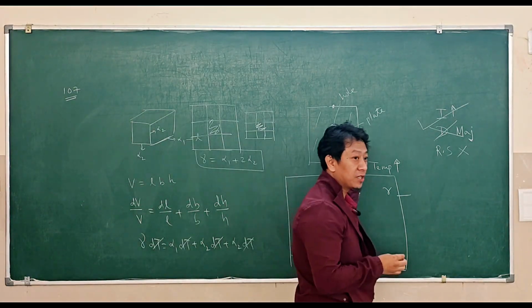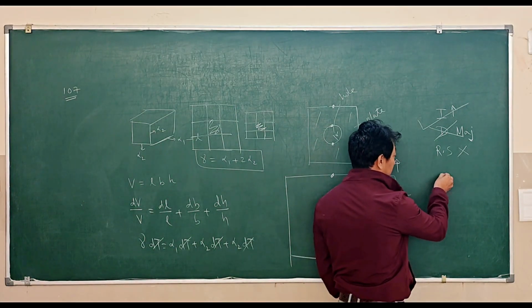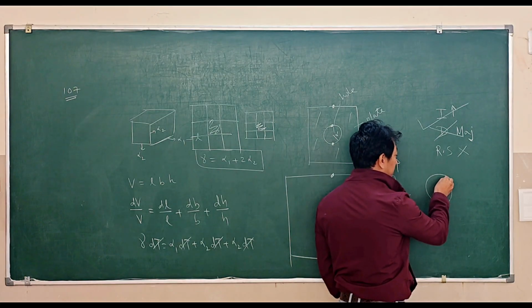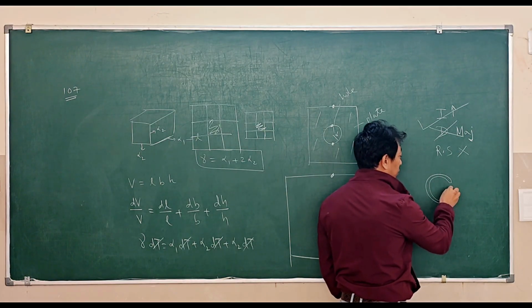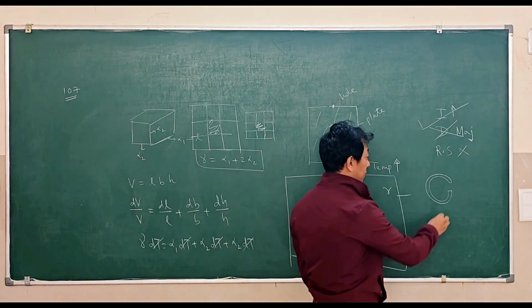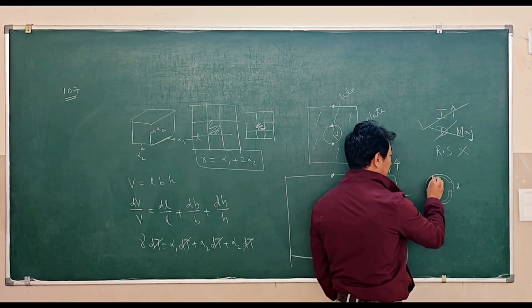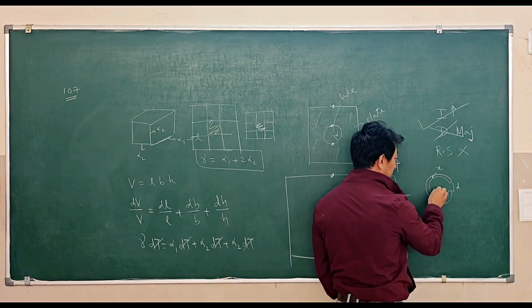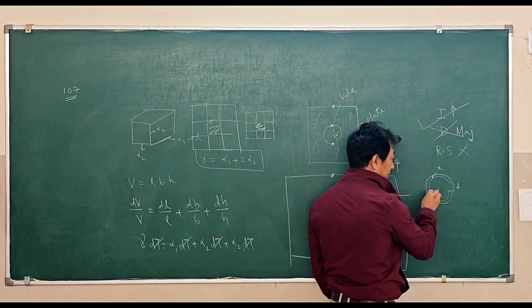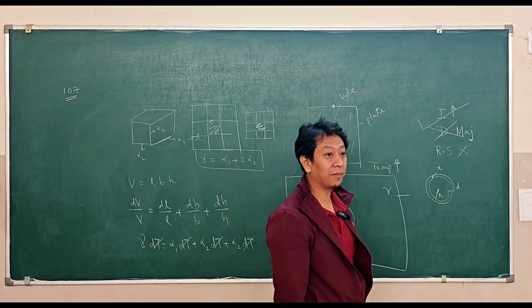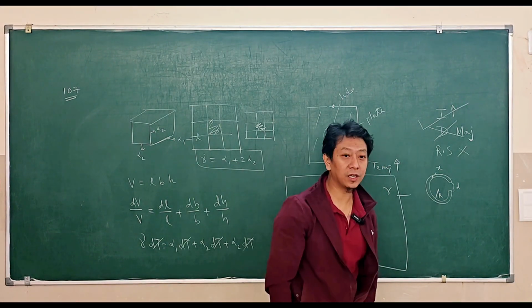So there will be questions like this in your material. There is a ring like this with a cut here. This size is, let's say, D. This size, let's say, is X. This size is, let's say, R. With increase in temperature, which one will increase?